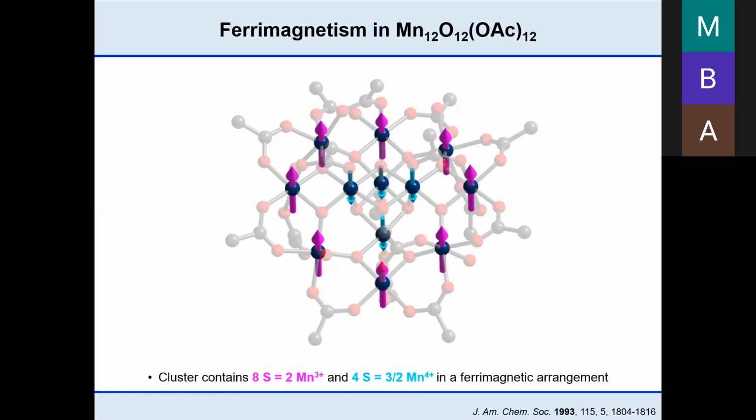A total of 8 of them are manganese 3, and 4 of them are manganese 4. The manganese 3 plus ions are S equals 2, whereas the manganese 4 plus ions are S equals 3 halves. And the S equals 2 manganese ions couple antiferromagnetically with the S equals 3 halves manganese 4 plus ions. And this gives rise to an overall ground state of S equals 10.